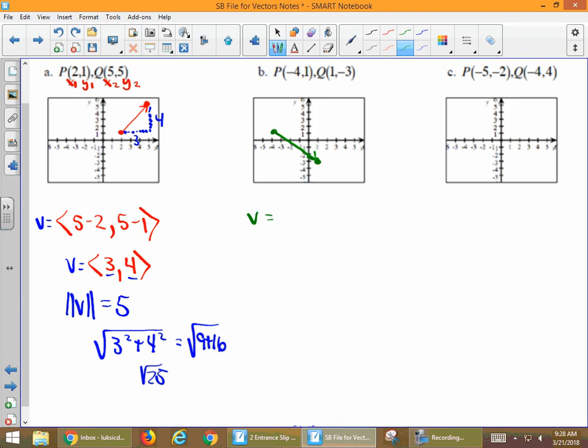So to find our vector, we subtract our x's, 1 minus negative 4. Subtract our y's, negative 3 minus 1. You won't always be given a graph. 1 minus negative 4 is positive 5. Negative 3 minus 1 is negative 4. There's your vector.